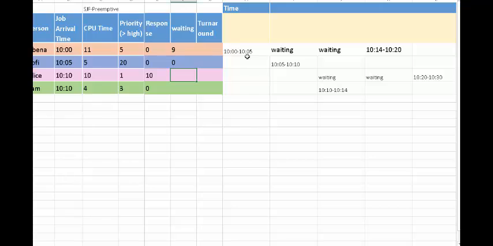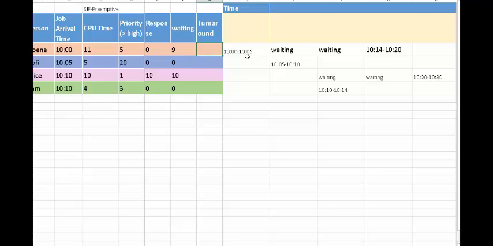Next is Alice. Alice came in at 10:10 and waited till 10:20 to run, so 10. And Sam came in at 10:10, got to run at 10:10, waited for 0. And turnaround time: from 10:00 to 10:20, that's how much time Abena spent.